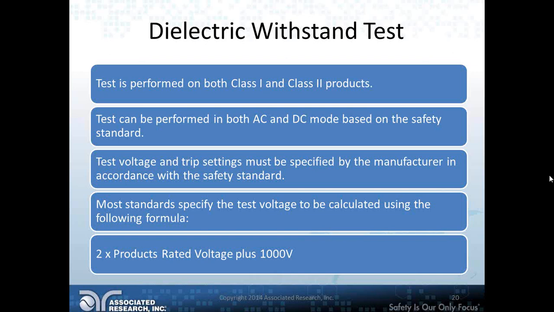So basically the concept is the same. The high potential is applied at the same place by shorting the mains input conductors of the product under test, just as in the high pot test, only this is a DC potential, and the test voltage is relatively lower than the high pot test.